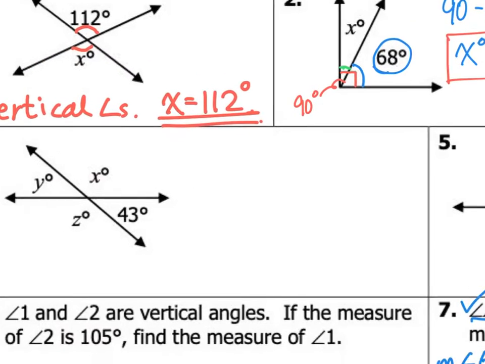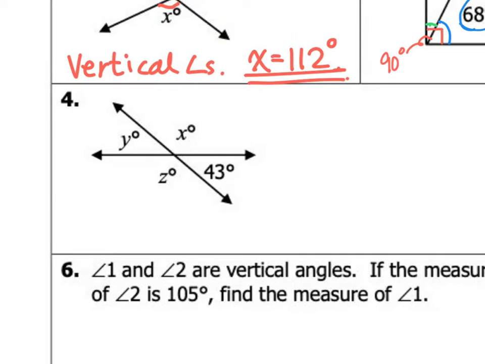Now number 4. We have to find x, y, z. Let's see how we can find x. As you see, x is lying on that straight line with the angle measure 43. So that means the total angle measure for a straight line is 180 degrees.